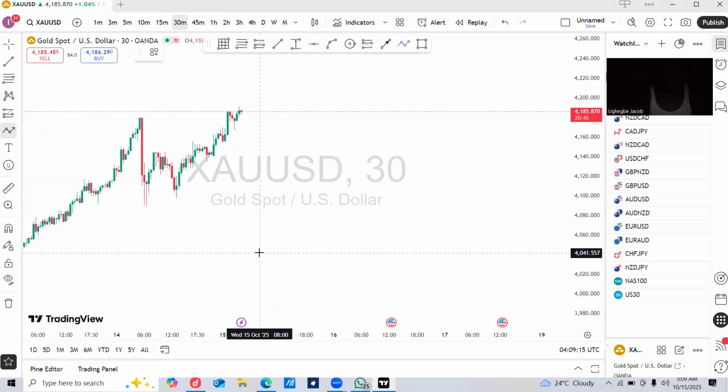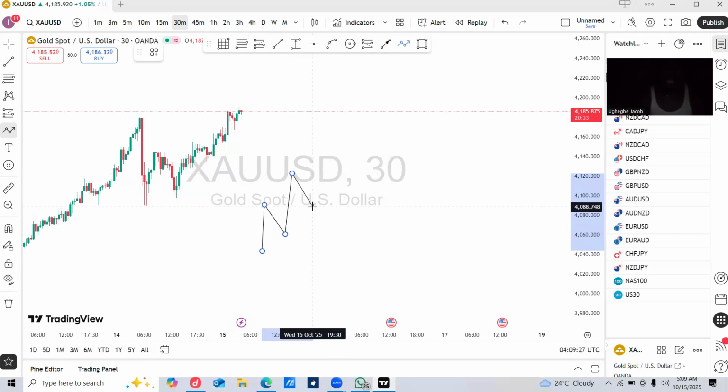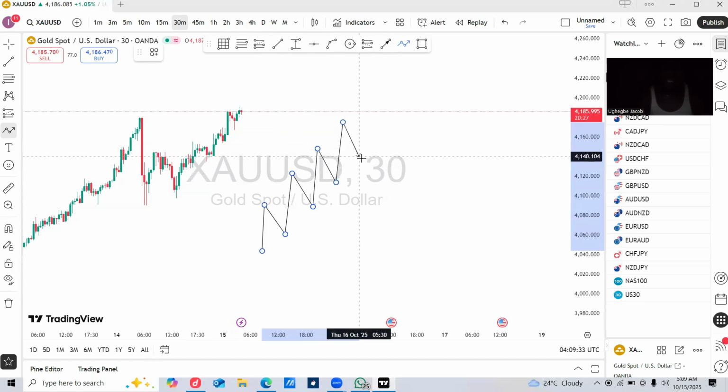Remember, an uptrend market is a system in which the market is creating a series of higher high, higher low, higher highs, higher lows.